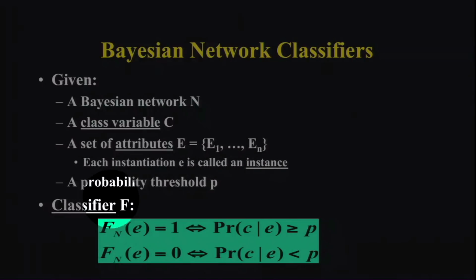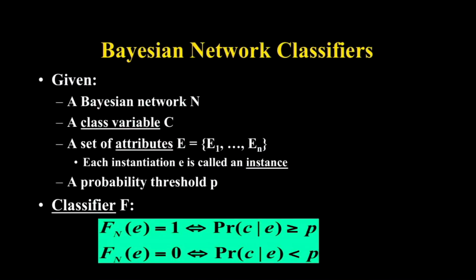And then you define the classifier like this. So E is an instance or an instantiation of these variables, and it is positive, you map it into 1 or yes, if and only if the probability of the class given E is greater than or equal to some threshold. Otherwise, you define it to be a negative instance.